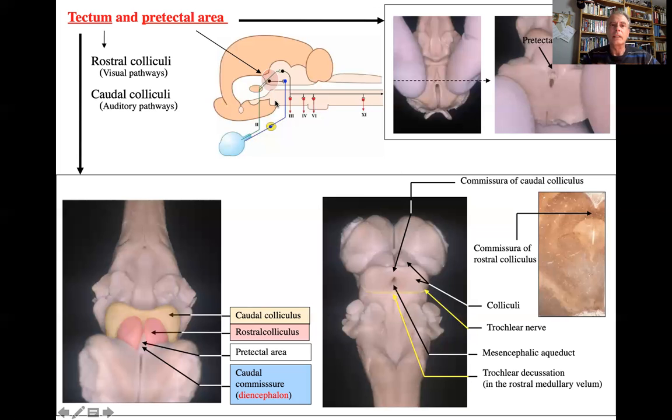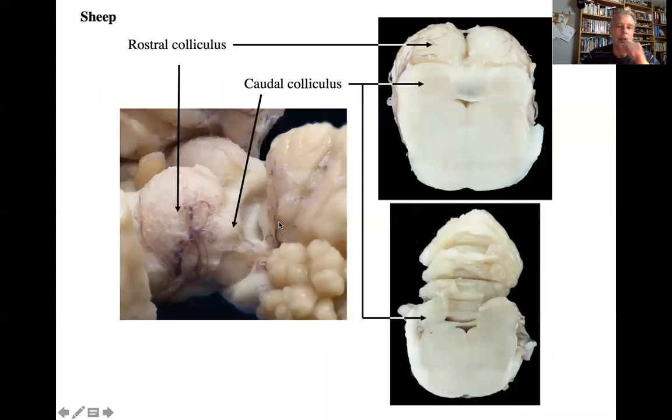You know that the pretectal area is important in visual pathways, right here. Okay. There you have another image. This one here that I mark is the pretectal area. Okay. This is the case of a sheep, and you see that the rostral colliculus is quite big.